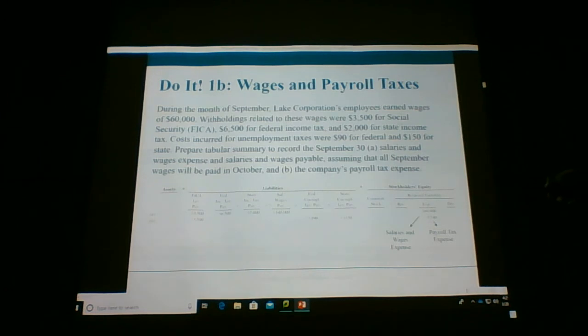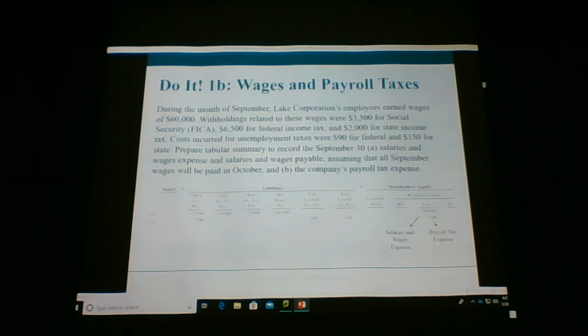Okay? Next item, $6,500 for federal income tax. Again, this is different. The $6,500 is wholly included in this $60,000 here. So we have not increased liabilities.